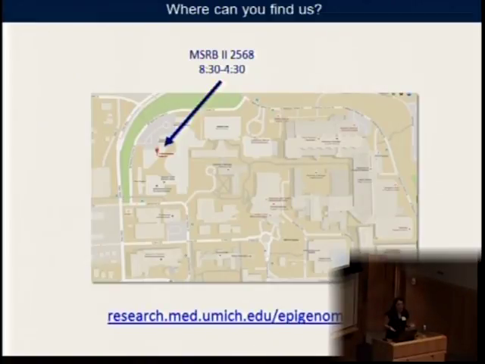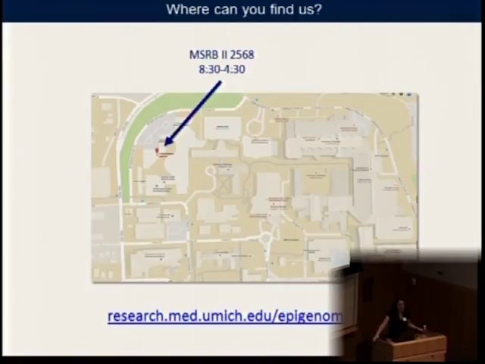So we have a capacity of processing about 10 samples. Some of these assays take a whole week. So whole genome bisulfite, all the bisulfite-based methods take a whole week. So we can do about 10 samples a week if you want whole genome bisulfite. If you want hydroxymethylation, we can probably do about twice that number in a week, maybe a little bit more.